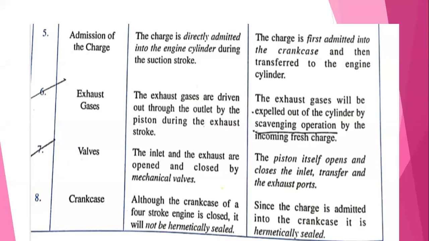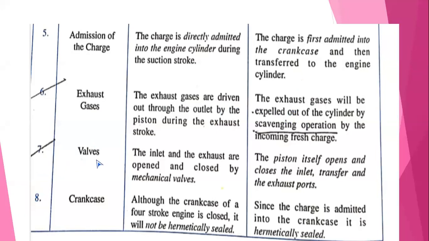But in a two-stroke engine, there is a port called the exhaust port, from which the exhaust gas exits the engine. That is very important for both the four-stroke and two-stroke engines.